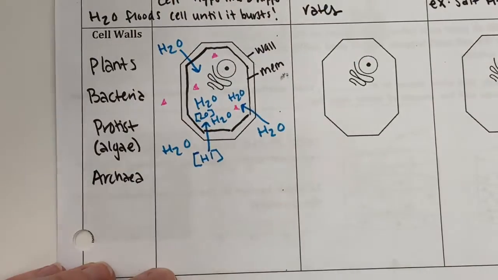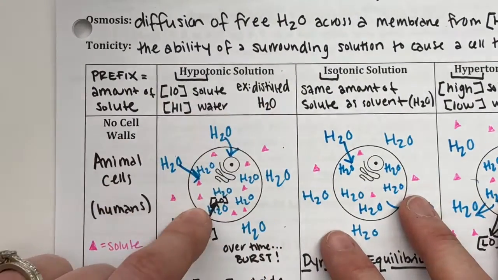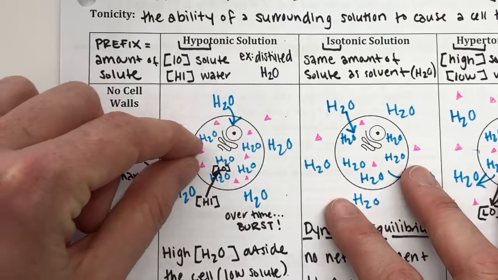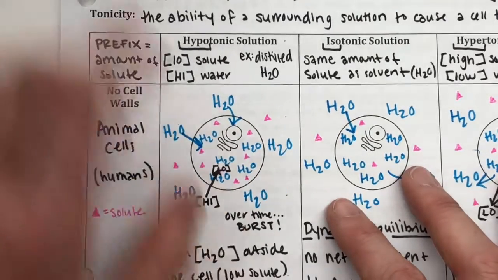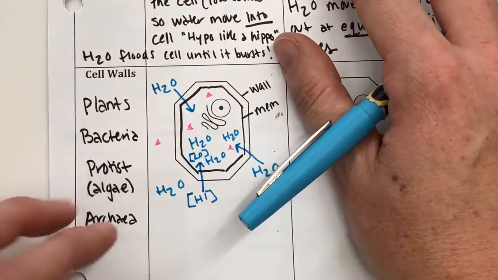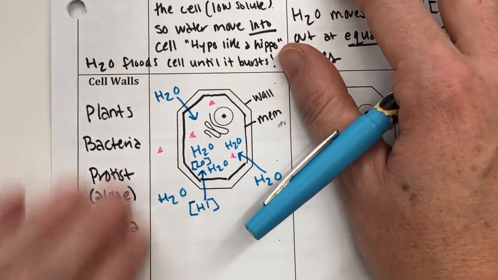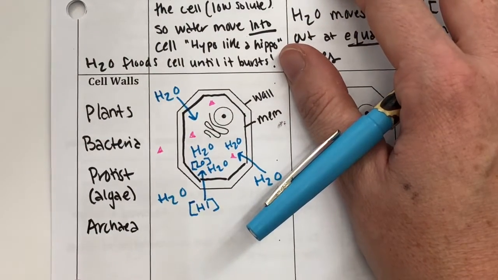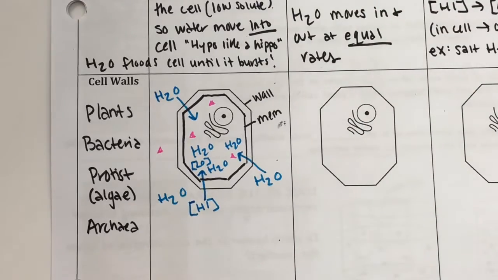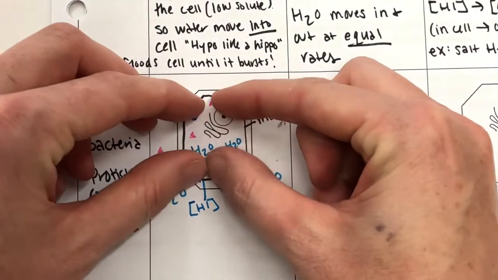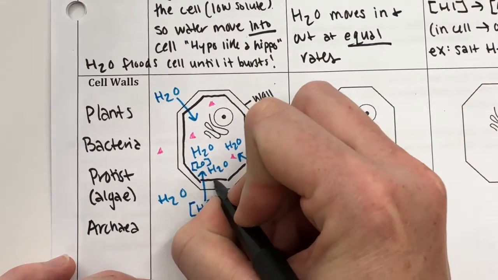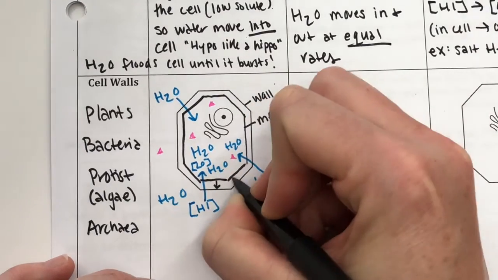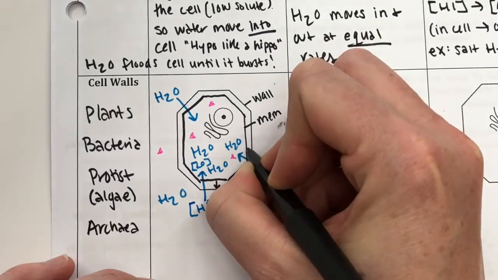Now, if we gave distilled water to an animal cell over time, it would just keep on letting more water in, and over time it would burst, and that's bad. But in a plant cell or any of these other cells with walls, this is actually a good thing, because as this fills and fills with water, it puts pressure from the cell membrane onto the cell wall.